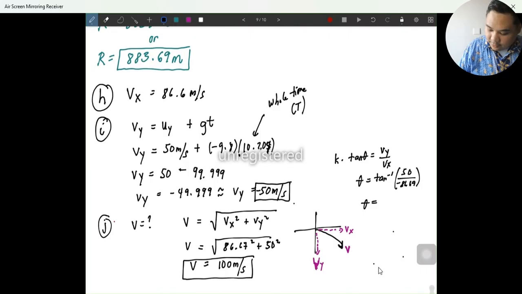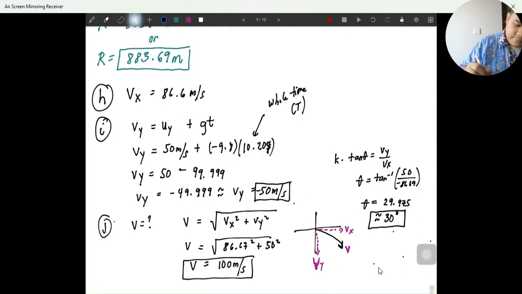Okay, so overall, if you're gonna round it off, that would be around 29.975, and somehow that would be equal to 30 degrees. Okay, so again, for this item, whatever the initial velocity going up, that would be also the final velocity going down in terms of its magnitude.